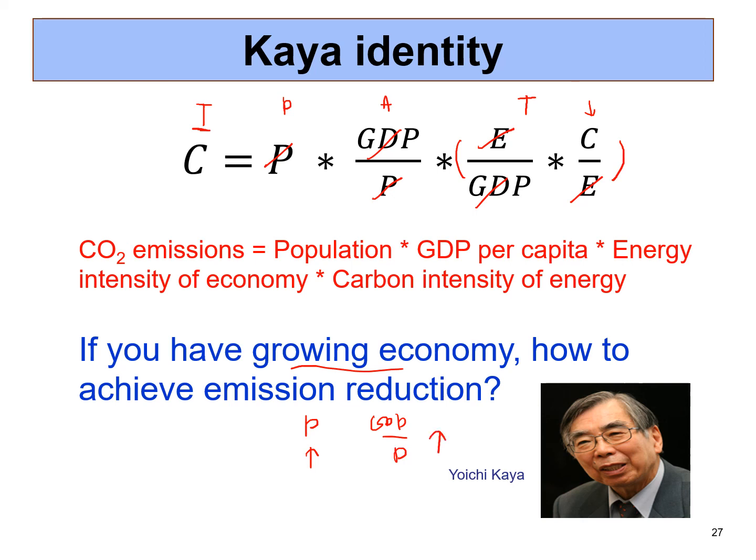So when you have this kind of problem, what should you do to reduce the emission? Definitely the latter two, the first and the second, should be reduced. So you have to make sure the latter two fall by improving the energy efficiency or moving to low carbon technology, or perhaps you want to go for nuclear power, solar or wind power. So you have to make use of your technology.